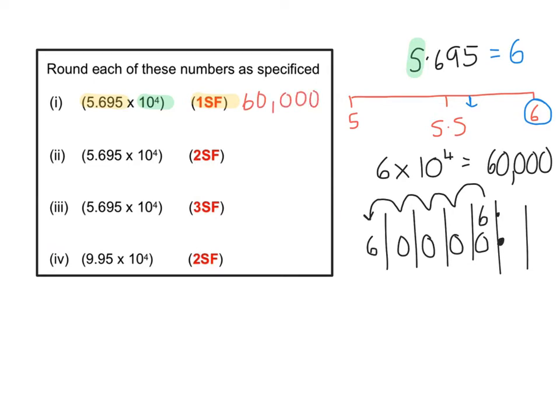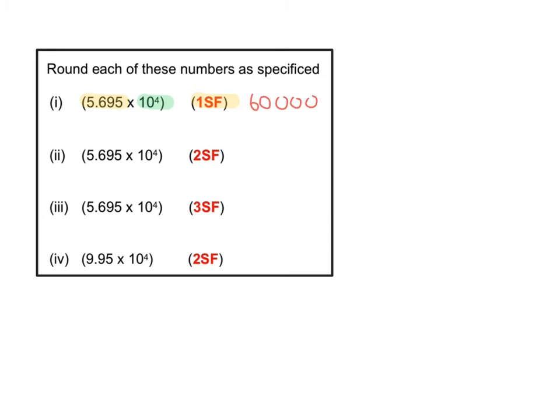Let's have a look at the next one. So the next one is the same number, 5.695. So we're just looking at the bit before the 10 to the power of whatever. So just this bit to start with. And this time it's two significant figures. So the first significant figure was 5. The second significant figure is that 6. So let's highlight that.